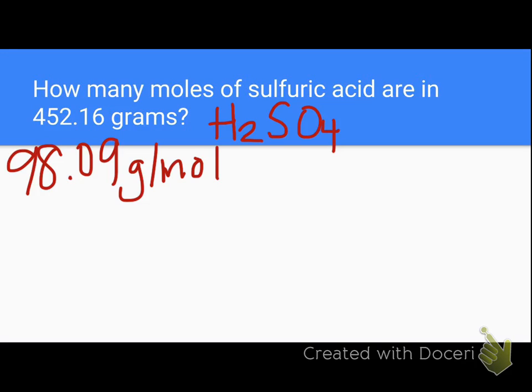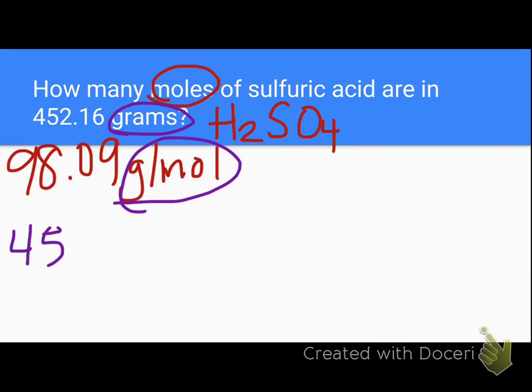Now, we're looking for moles. We know how many grams we have. So remember what I said earlier, you want to start with the value that you only have 1 unit in. This has 2 units, grams and moles. This just has grams. Okay, so we're going to start with the one we have 1 in.